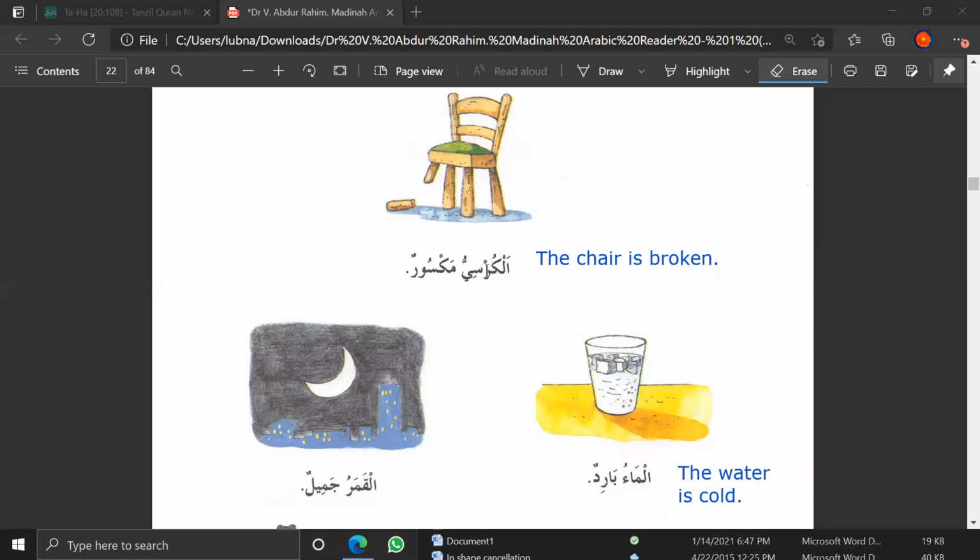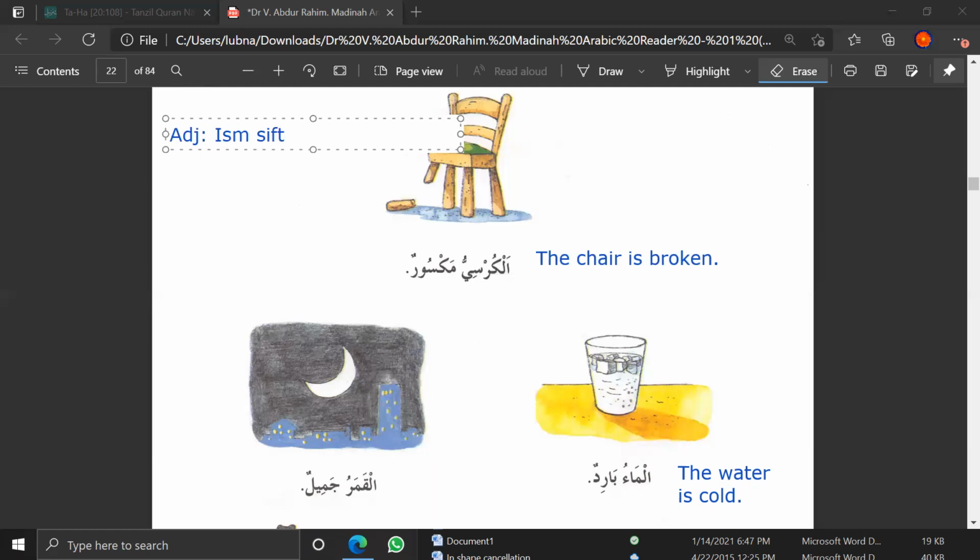This one is a proper ism, with al, and this one is a common ism with tanween. Okay? You got the idea? So in Arabic, an adjective is called ism sift. Let me write it down here. Adjective is called ism sift.